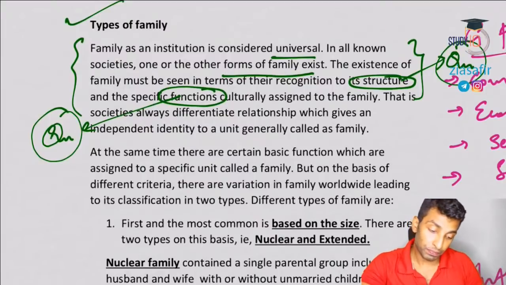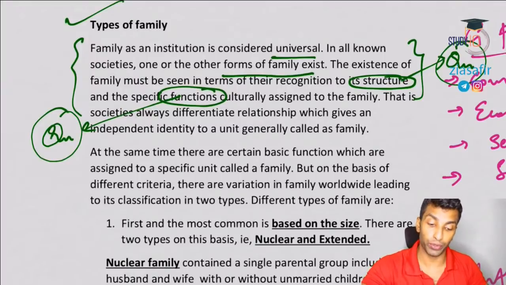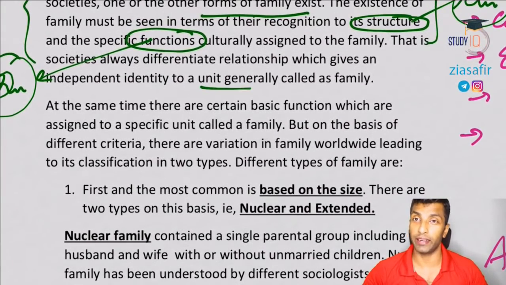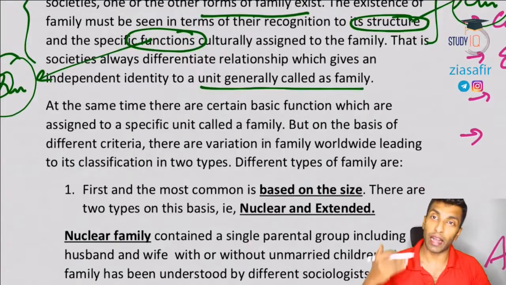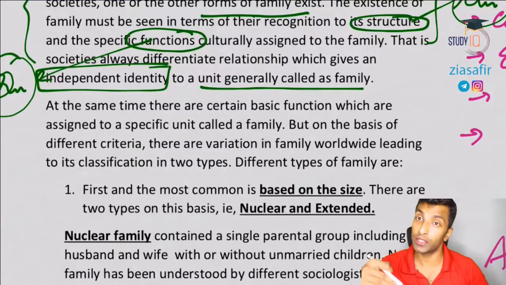Societies always differentiate relationships, which gives an independent identity to a unit generally called family. So basically family gives you an independent identity. Family is an institution as well as an association.